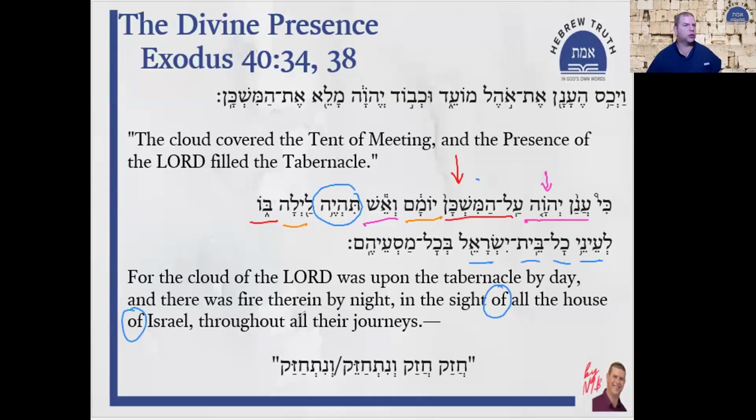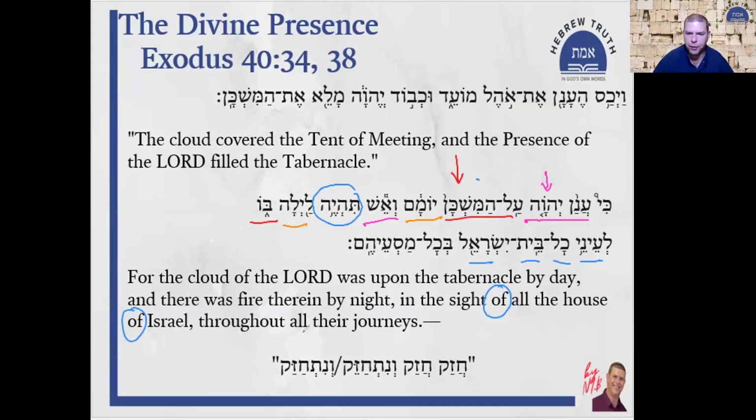English repeatedly using "of" would be bad practice. It's just poor style. But Hebrew uses the construct chain, and it's not that you constantly have to translate this "of," but you have to understand how the construct state works. So, le'eyney kol beit Yisrael bekhol mas'eyhem.